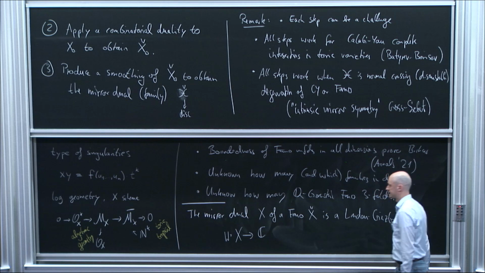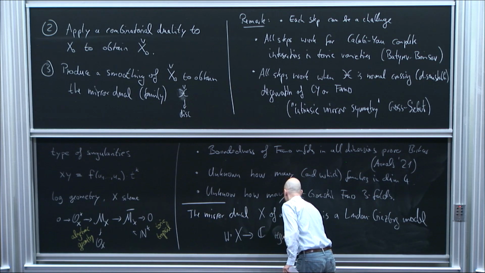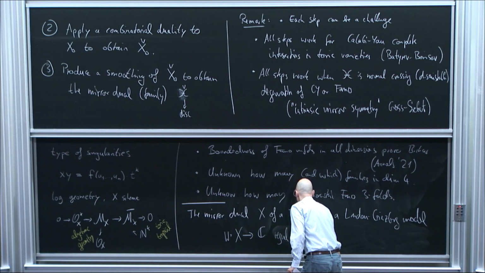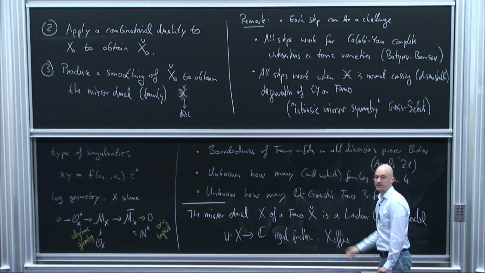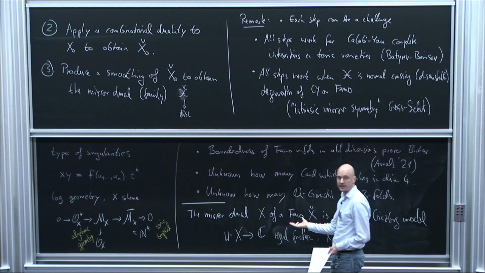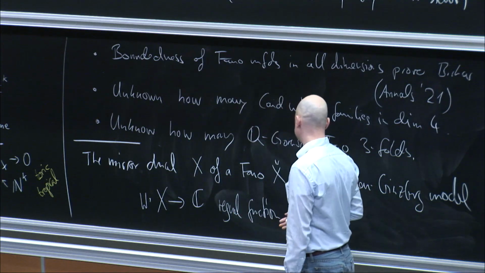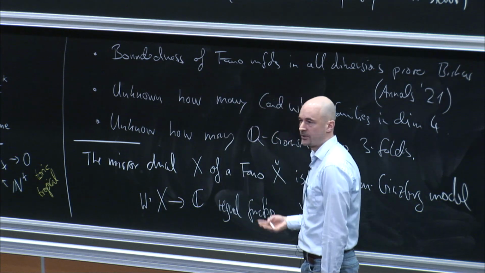Say we work with the complex numbers, so this is a non-constant regular function. It's a very different thing. It's more local, and X is affine. So the Fano is projective, but its mirror dual is an affine variety. It's a bit weird maybe, but that's what it is. And it comes together with this function. So that's a very different object.